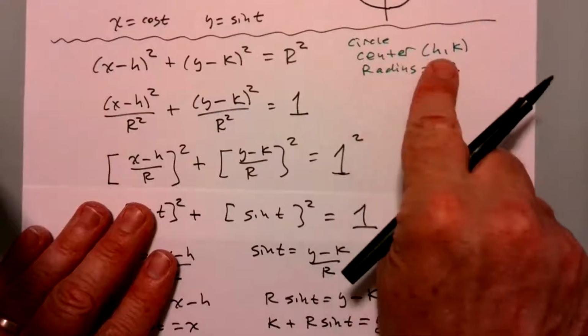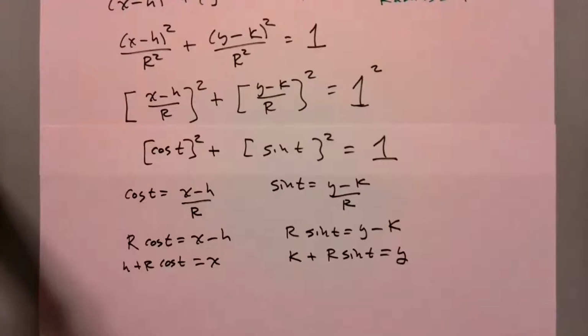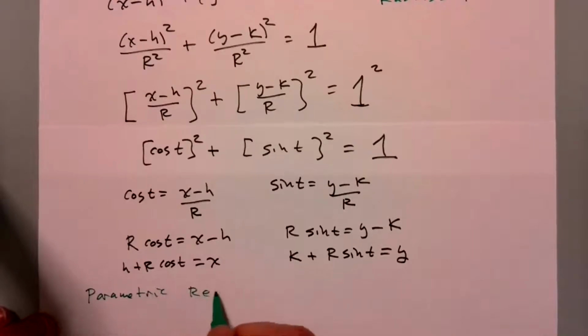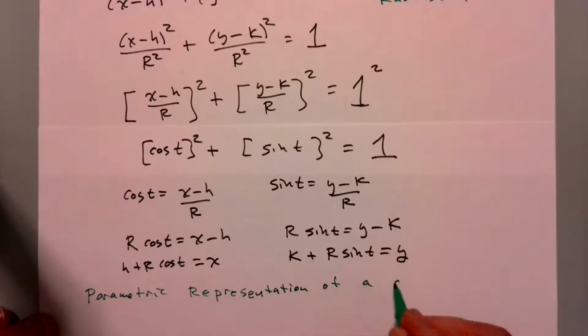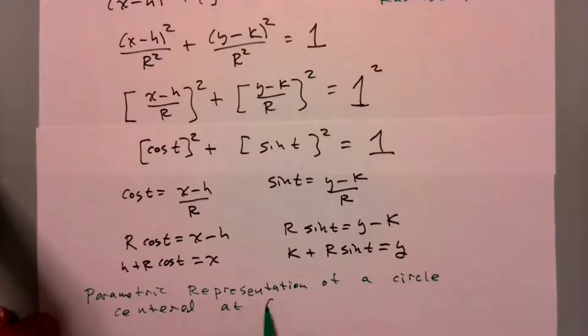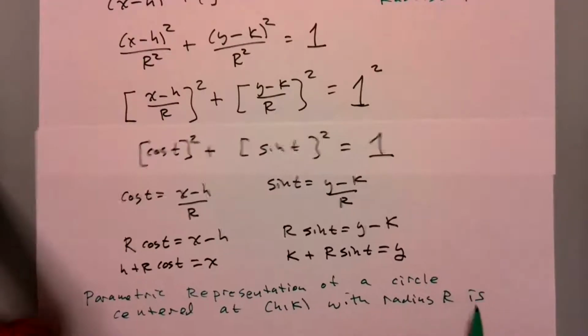So now what we have is, again, remember what this was. This was a circle with a center of (h, k) and a radius of r. That's what we've just done. So a parametric representation of a circle centered at (h, k) with radius r is what we just have written here.